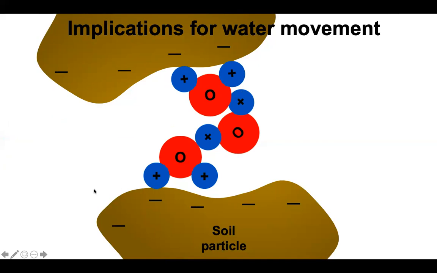So on net, you get this network of water molecules that are attracted to one another and don't really want to move very many places. And so you get less water movement in smaller pores because of this adhesion and cohesion of the molecules within the pores.